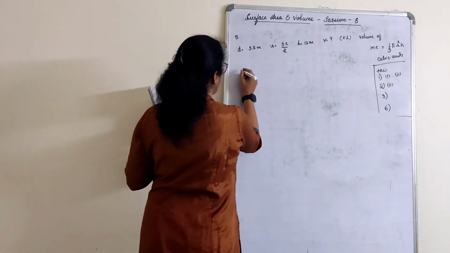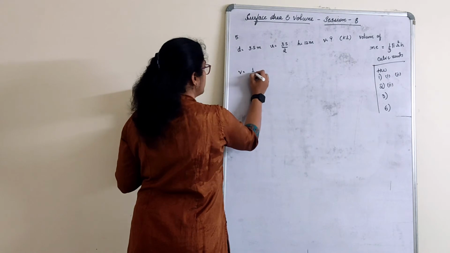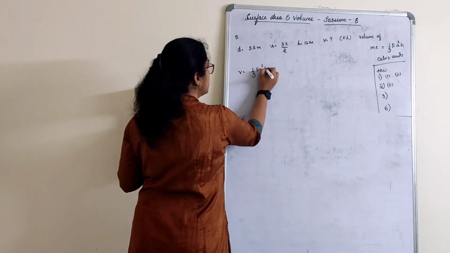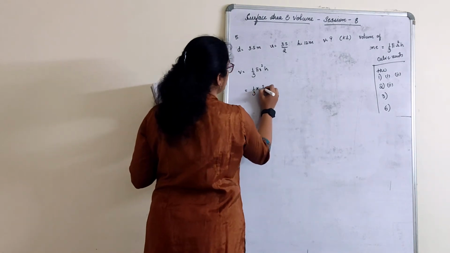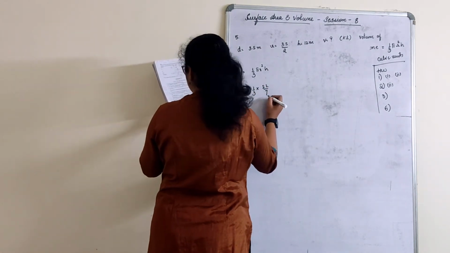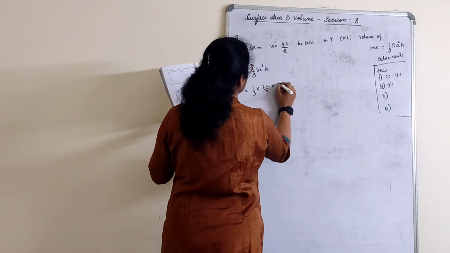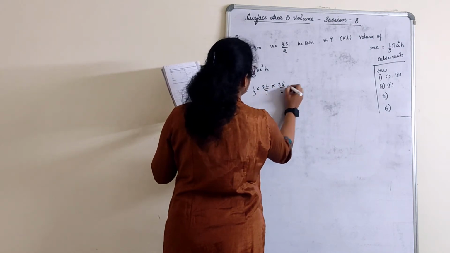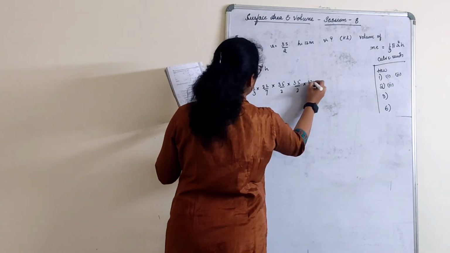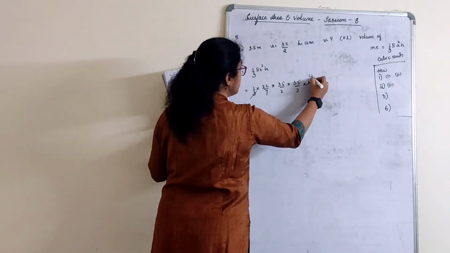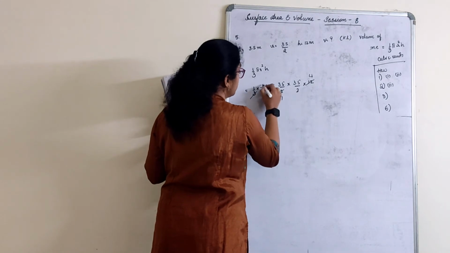Let's quickly find the volume here. First let us find the volume. 1 by 3 pi r square h. So 1 by 3 into 22 by 7 into 3.5 by 2 into 3.5 by 2 into 12. 3 ones are 3, 3 fours are 12, 2 ones are 2, 2 11s are 22.